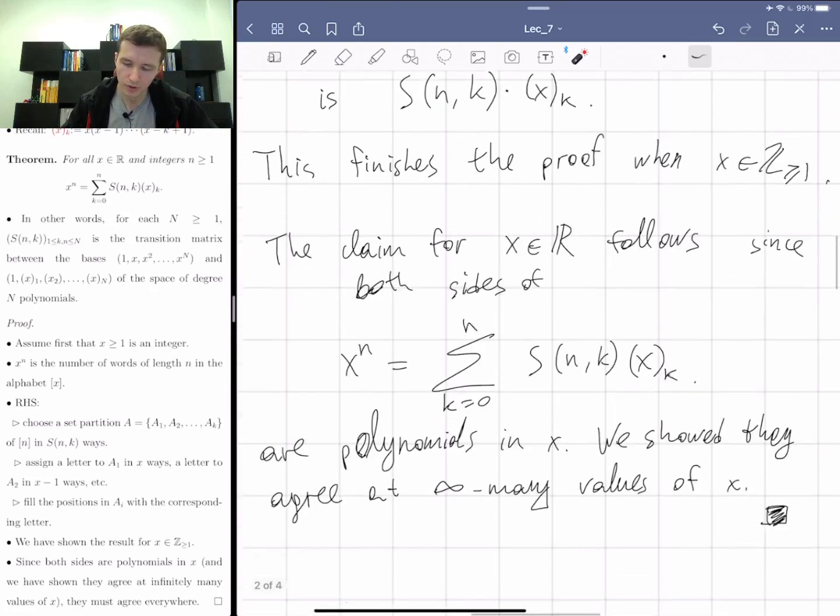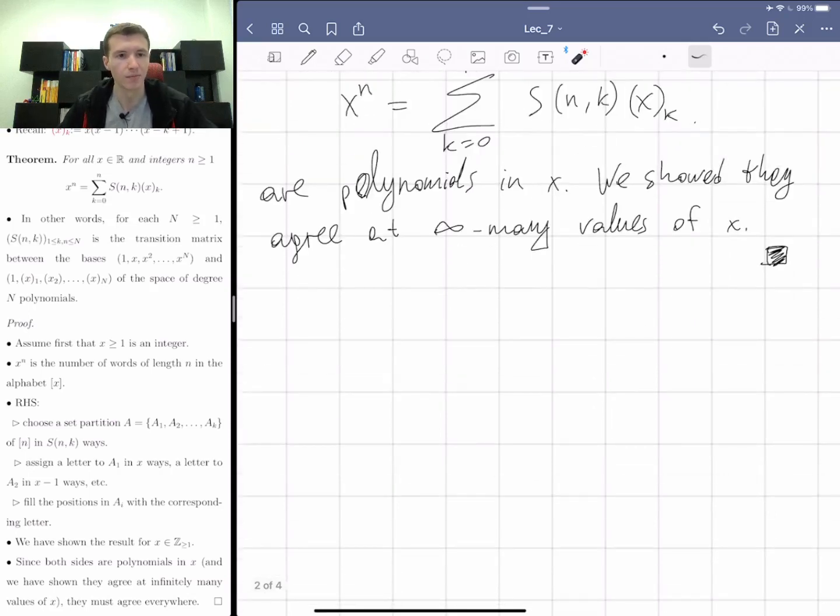And now you can prove real number identities using that technique. Okay, now let me continue trying to come up with the formula.